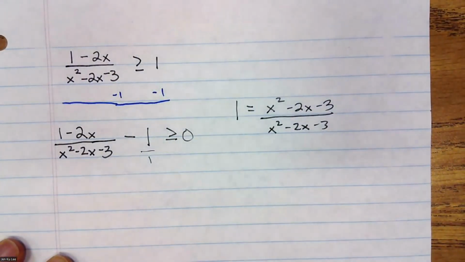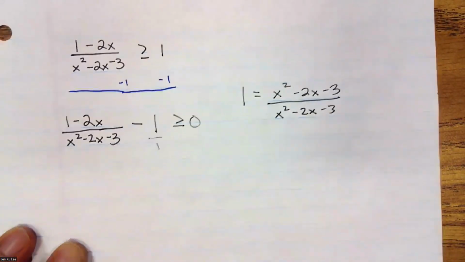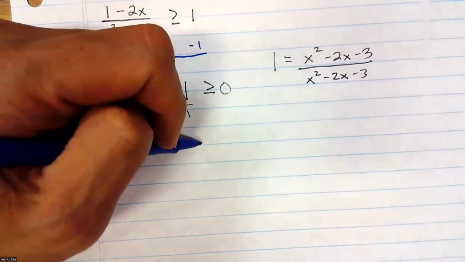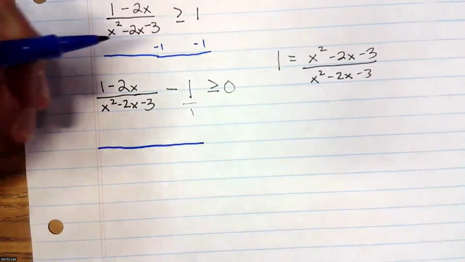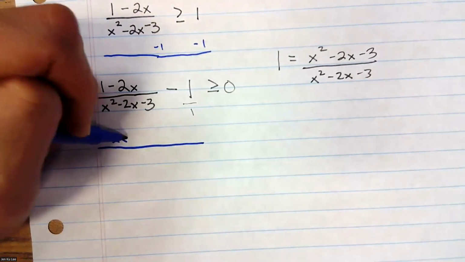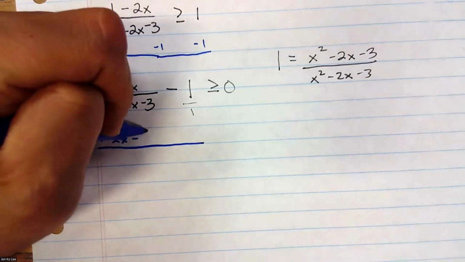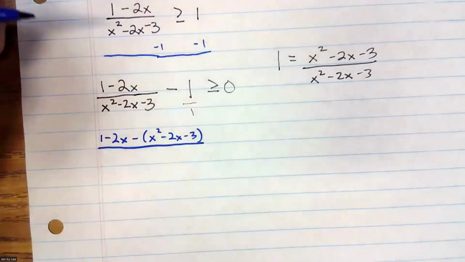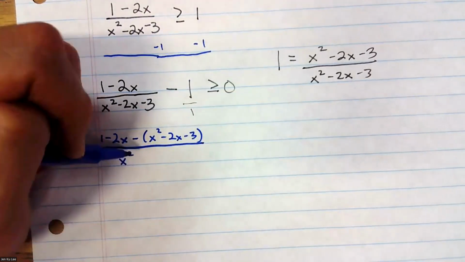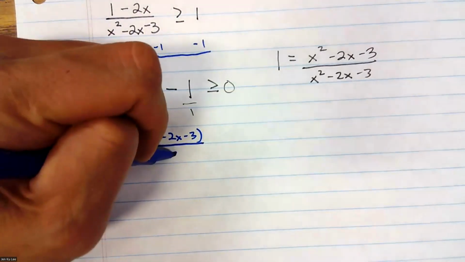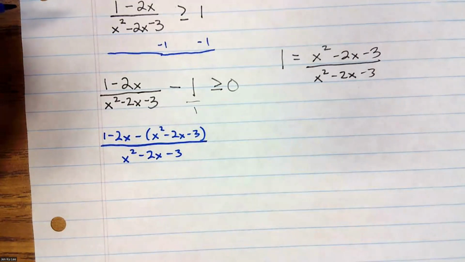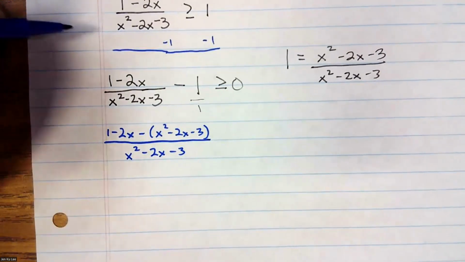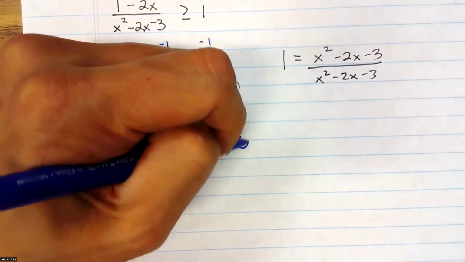So on the top, in my numerator, I'm going to have 1 minus 2x minus (x squared minus 2x minus 3), all over x squared minus 2x minus 3, is greater than or equal to 0.